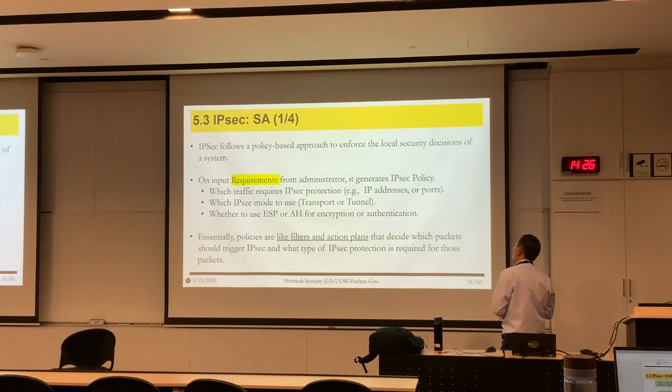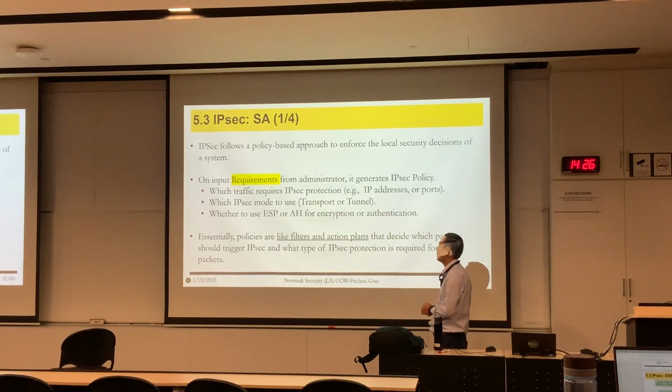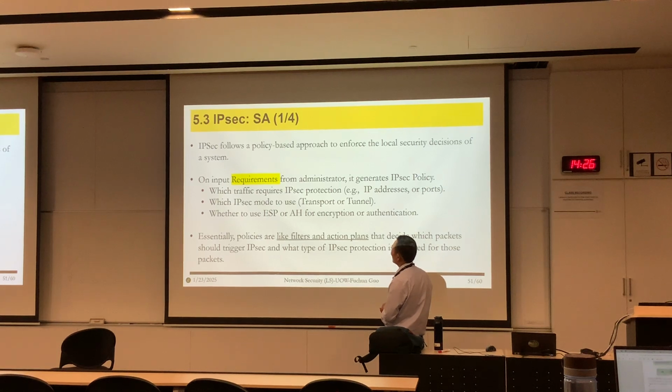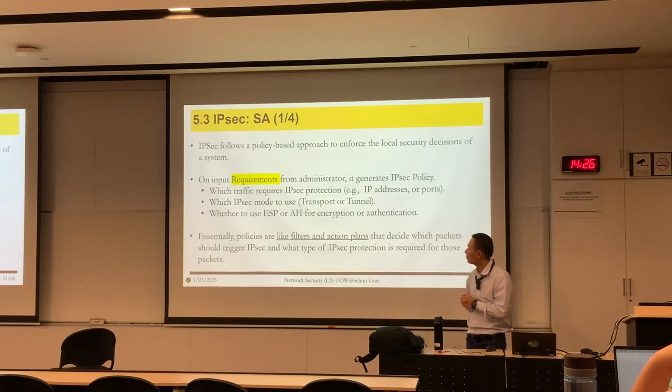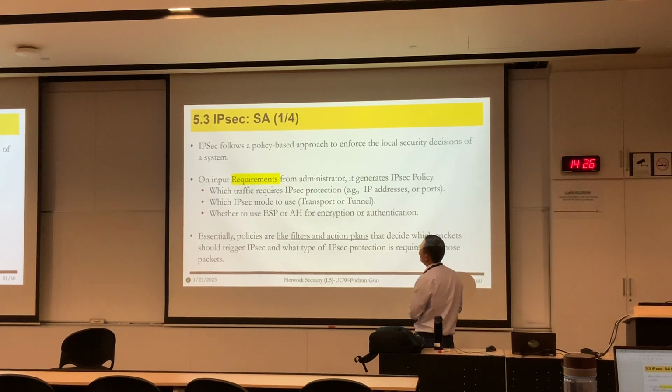It's based on the IP addresses or programs. Which IPsec mode should be used, transport or tunnel, is input into settings. And we use AH or ESP for authentication or encryption. And essentially, policies are like filter and action pairs.